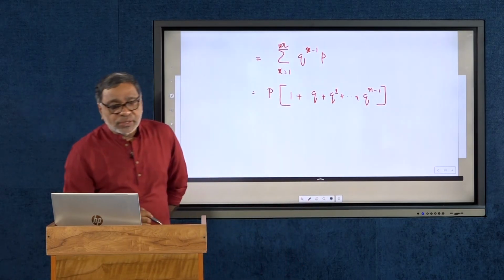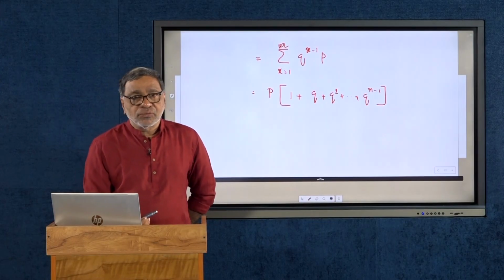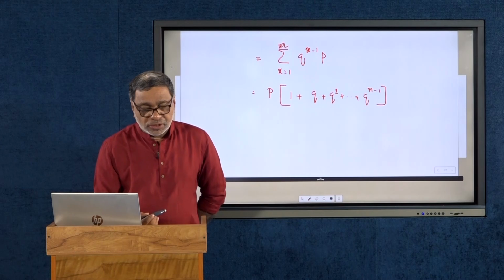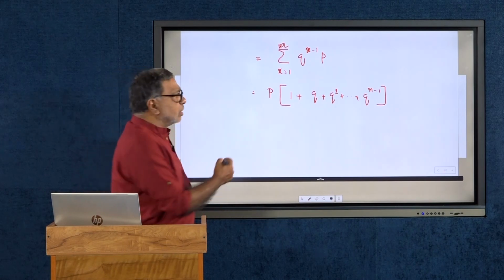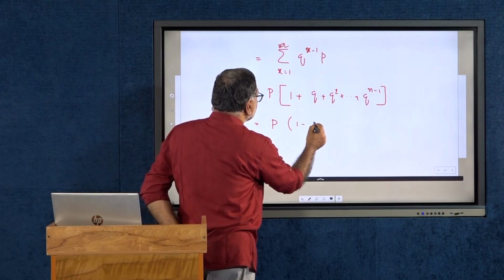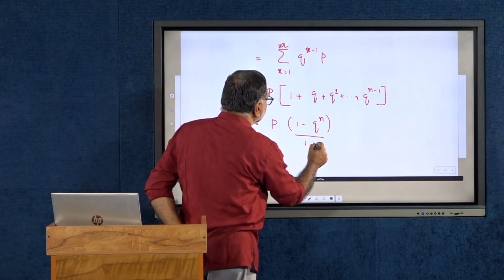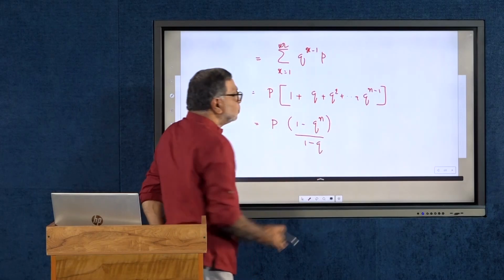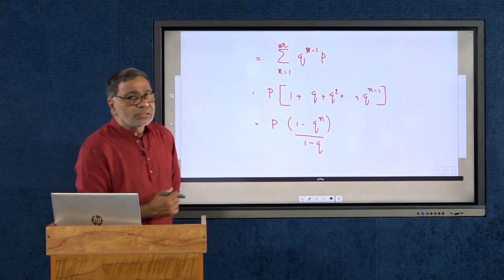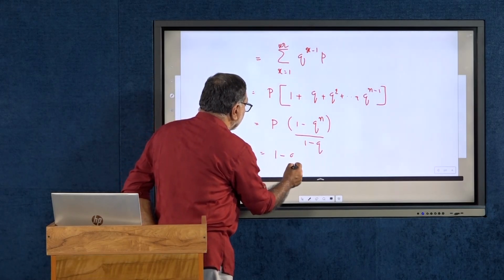So, when we are substituting the different values for x, we have p into 1 plus q plus q square plus etc. up to q power n minus 1, and that is equal to p into 1 minus q power n divided by 1 minus q, because it is a finite geometric series, and that is equal to 1 minus q power n.